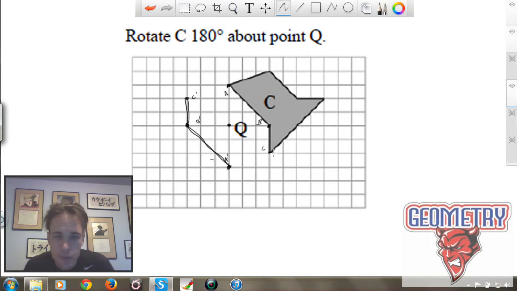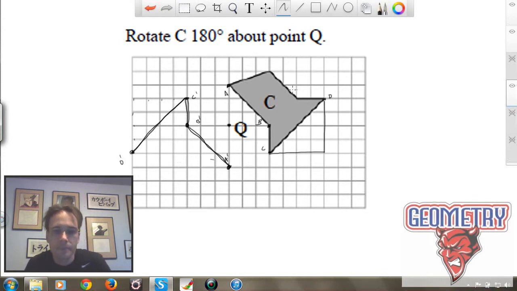I'm going to use, again, what I know about slope. So we'll call this point D. It's 1, 2, 3, 4 over, 1, 2, 3, 4 up. So when we rotate that from point C over here, it's going to be 1, 2, 3 over, and 1, 2, 3, 4 down. So this is where point D prime is.